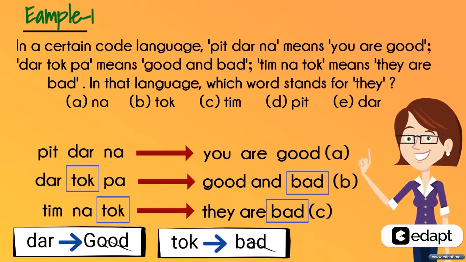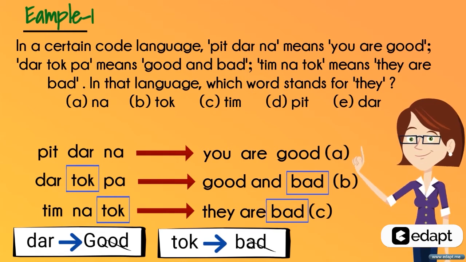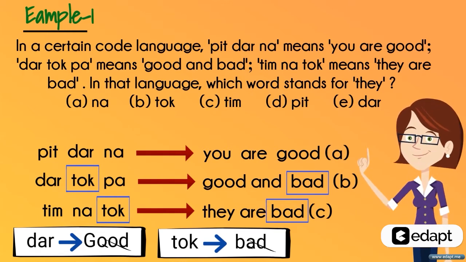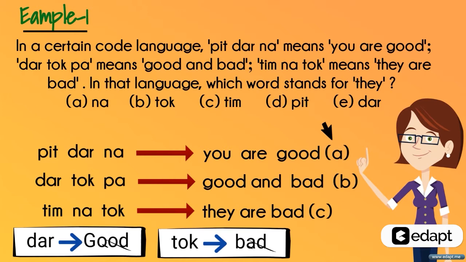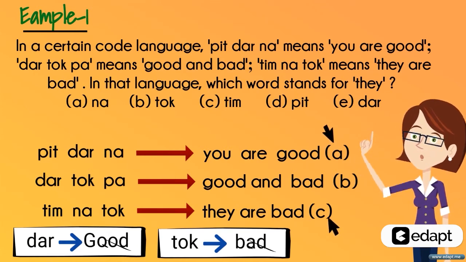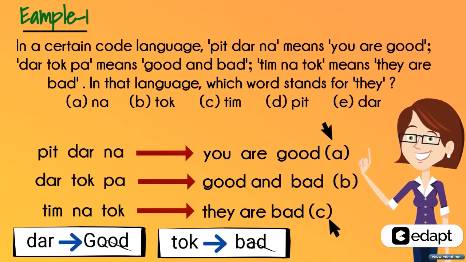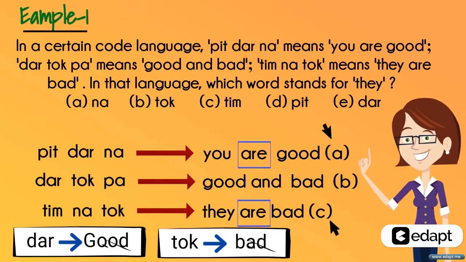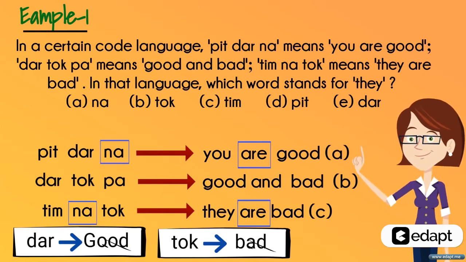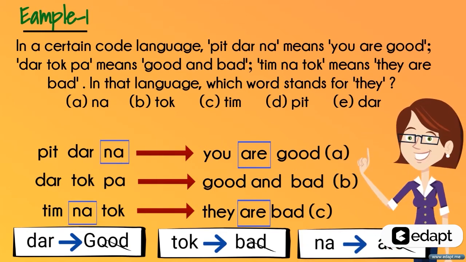Now, we will compare A and C to find the common word and code word. We can see that the common word is are and the common code is na. Therefore, na codes for are.